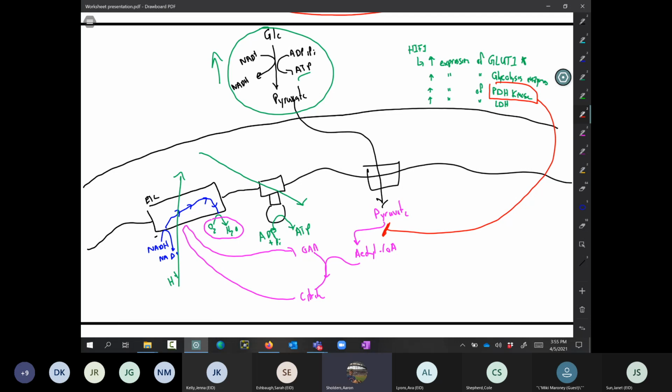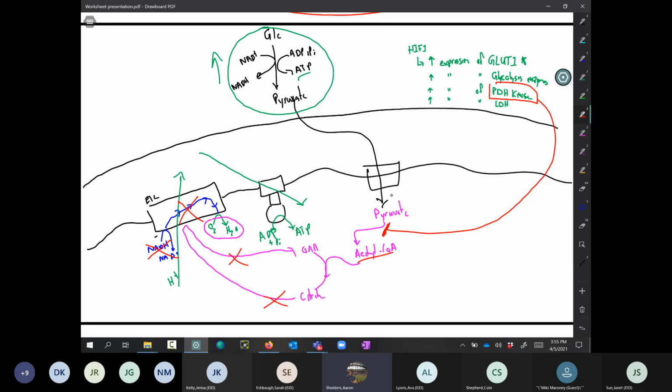And the reason is because that prevents acetyl-CoA from being made, and that then slows this entire process down, the citric acid cycle. And that will slow down the production of NADH, which will slow down the electron transport chain, and that will then reduce the chances of oxidative stress.